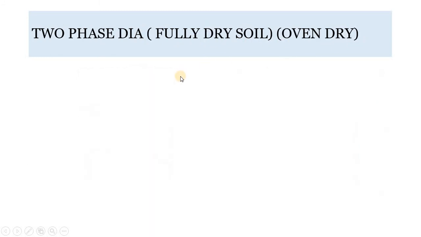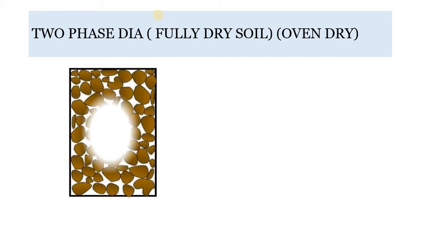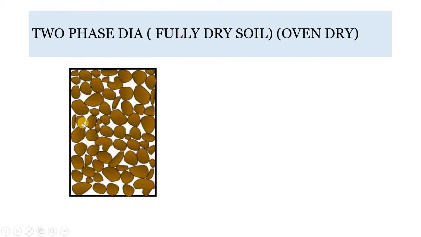Okay, next, the two-phase diagram for fully dry soil, oven dry. Whenever we heat soil in an oven for 24 hours, all the moisture is evaporated due to the high heat. So this soil contains only soil particles and air voids.